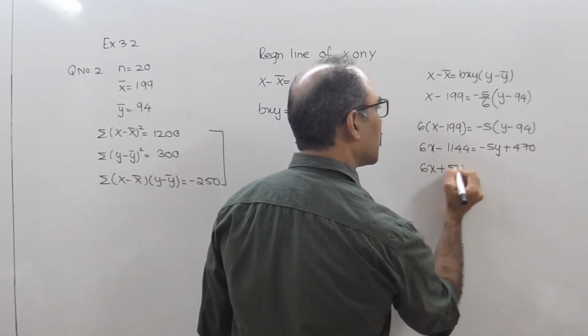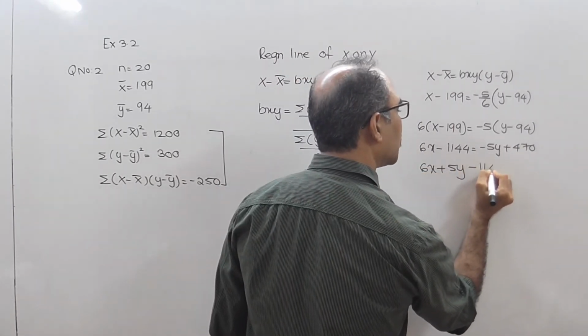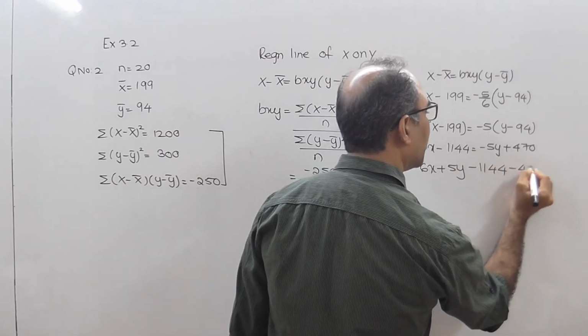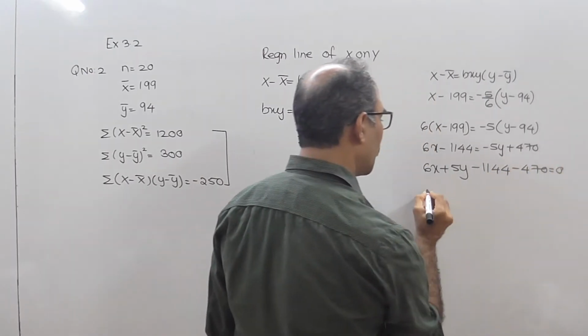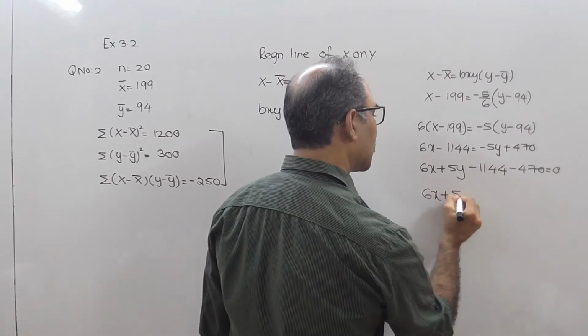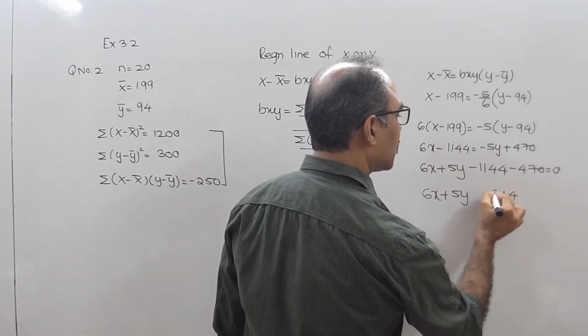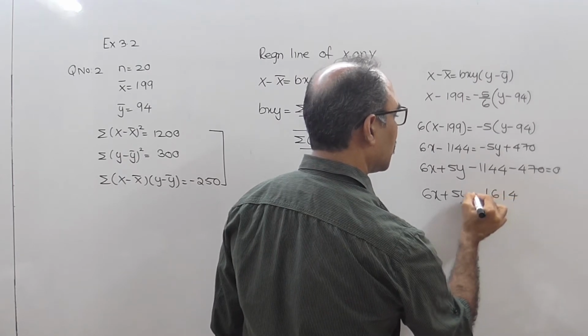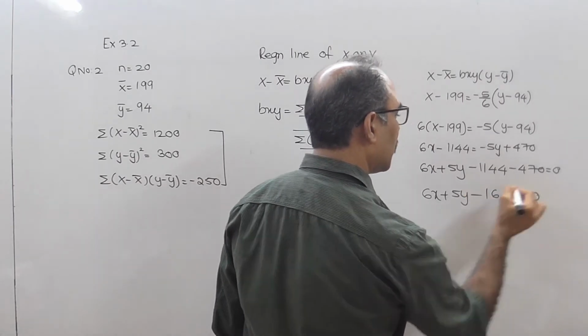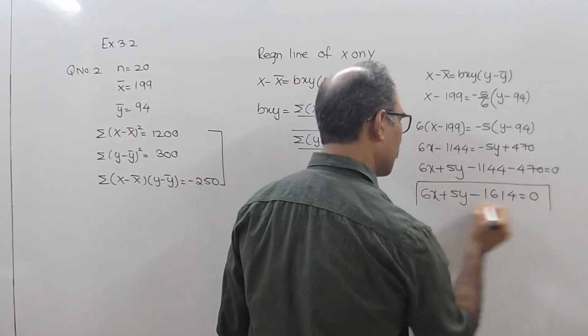So 6x plus 5y minus 1194 minus 470 equal to 0, that is 6x plus 5y minus 1664 equal to 0.